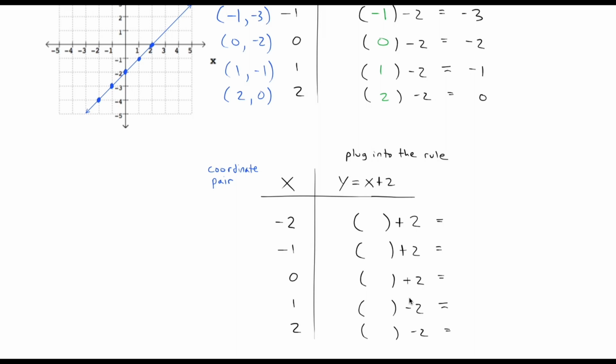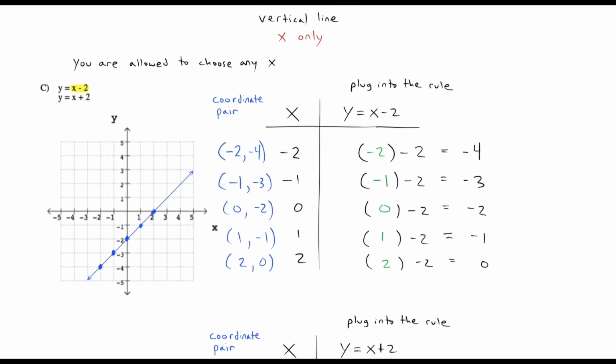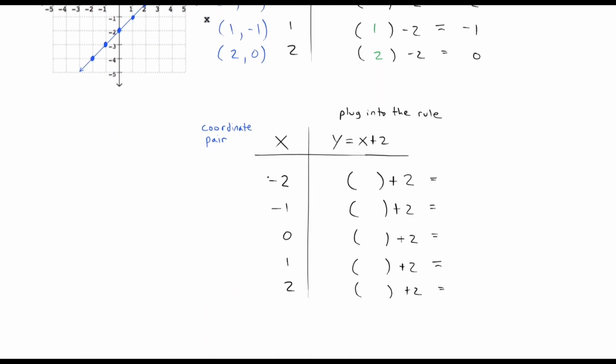And now we have a different rule. Now the equation is y equals x plus 2. Okay, so I'm going to use those same inputs. Why not? -2, -1, 0, 1, and 2. Get our outputs then. This is 0, 1, 2, 3, and 4.